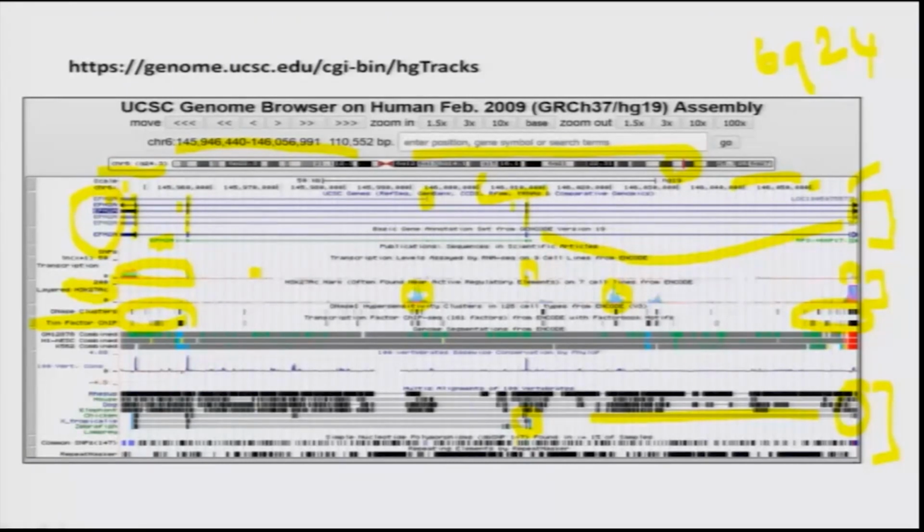Now that talks about conservation, but if you come to the bottom of the screen, each bar represents regions in which you have variations in the human genome, right? Remember I told you about the 1000 Genomes Project, and such a project talks about the variation at the genome level across the population, and you can see that there are a large number of sites in the genome that show multiple variants.